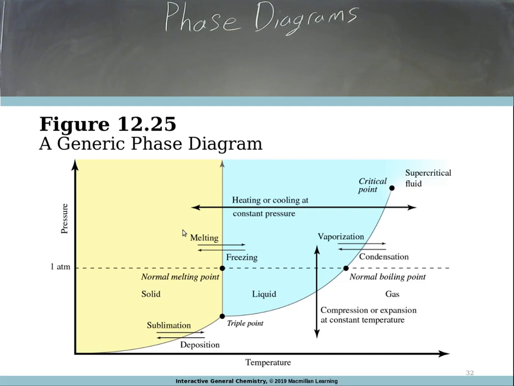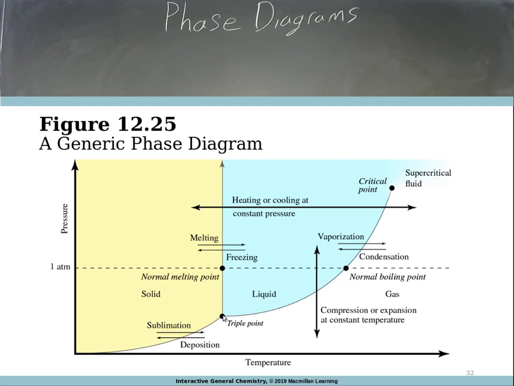Of course, each substance is going to have its own phase diagram that will look different and be unique to that given substance. There's a number of really important things to notice here. In between phases, like here's the solid phase, here's the gas phase, and here's the liquid phase, are the lines where phase transitions can occur at equilibrium.